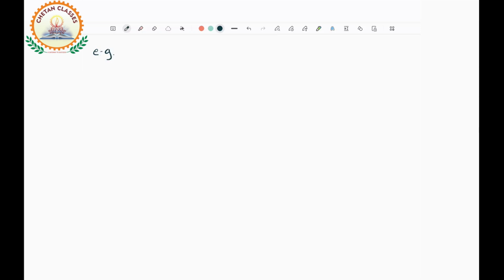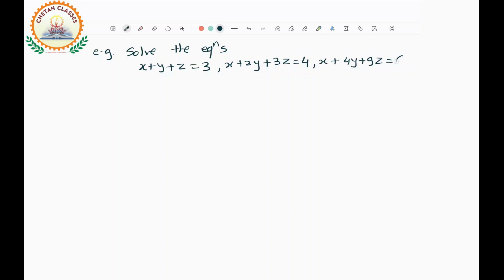Example, solve the equations x plus y plus z is equal to 3, x plus 2y plus 3z is equal to 4 and x plus 4y plus 9z is equal to 6. Solution. First write AX is equal to B form.